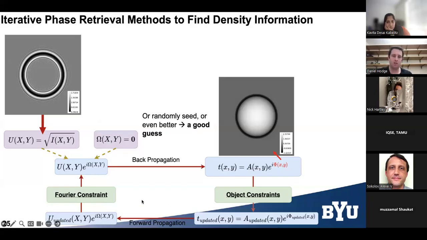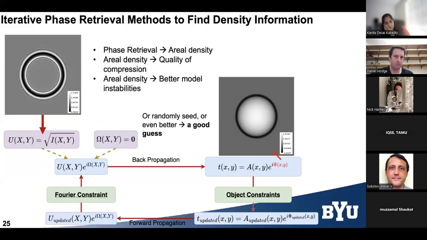And you just follow this process over and over and over again to get this final result of this hollow shell inside this SU8 material. So what you're seeing here is this hollow shell, and the black is the shell itself, and then outside is the SU8. Black, in this sense, is more dense, the lighter is less dense. And the reason why we want to do this is to obtain the density, of course, to better model instabilities in hydrodynamic codes.